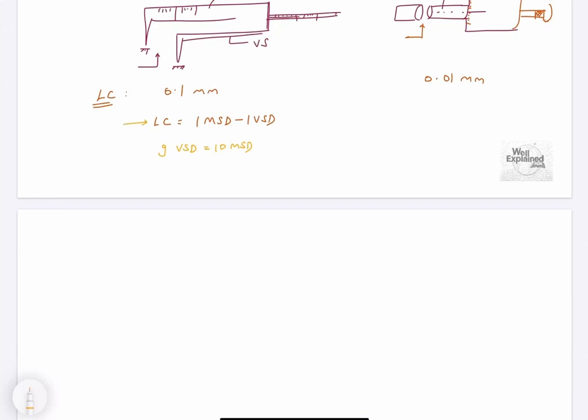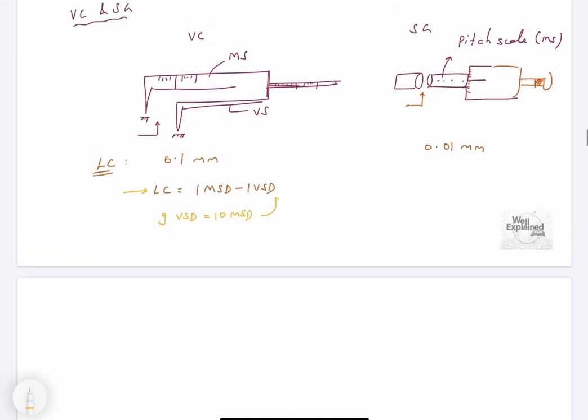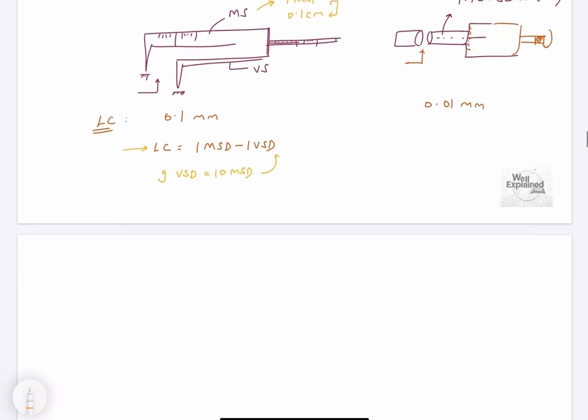So you try to substitute this input into the given formula. And they'll also give you the least count of the main scale. That will usually be 1 millimeter or 0.1 centimeter. Usually, they would provide it to you in the question.